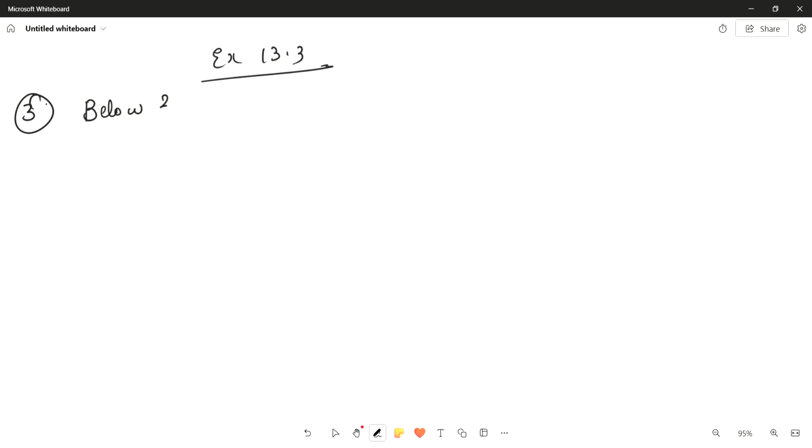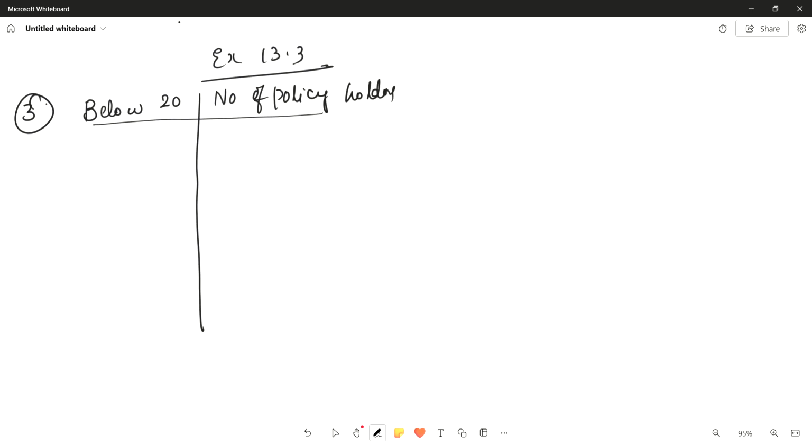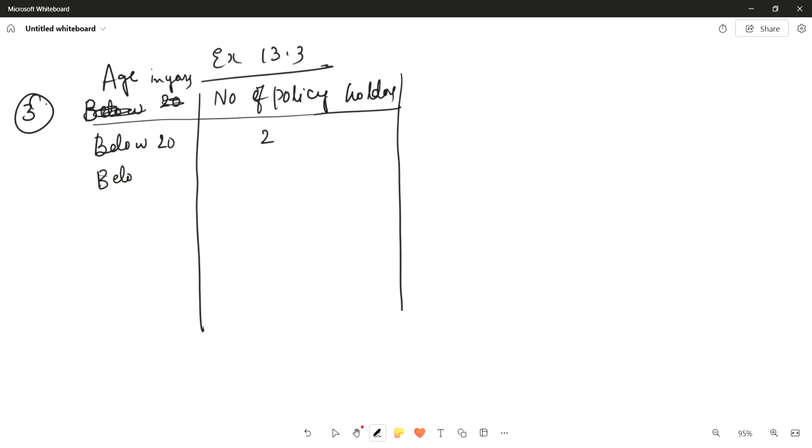So below 20, number of policy holders. One second, write it as age in years. Below 20 it is 2. Below 25, 6. Below 30, 24.